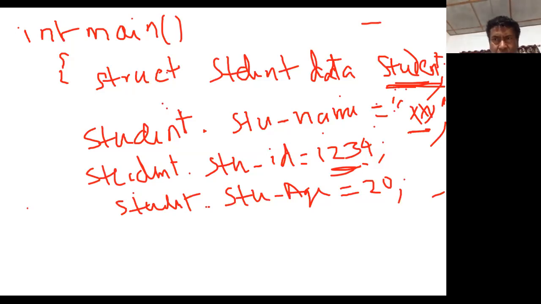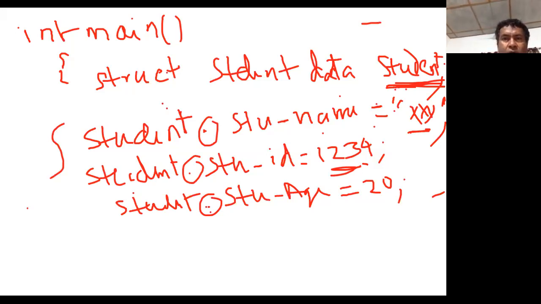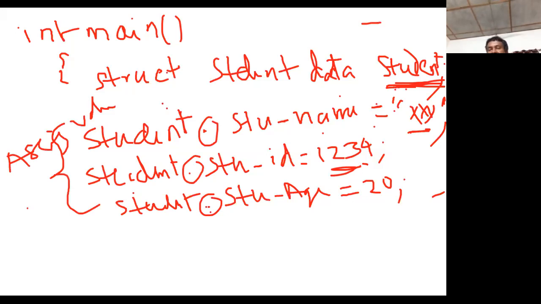I am talking about this dot. If you don't put dot, then it won't link with the structure, that is student. Now this is for assigning value to the parameters available in the structure.